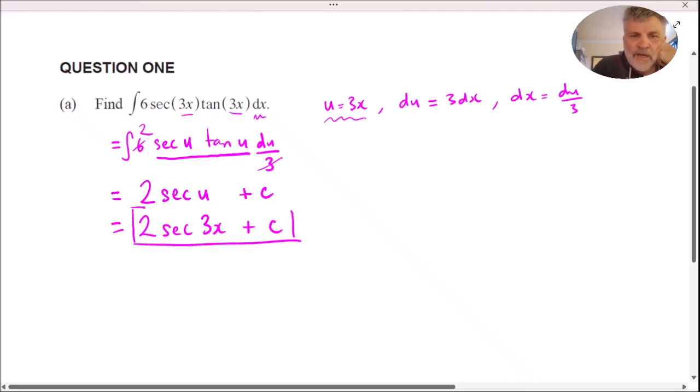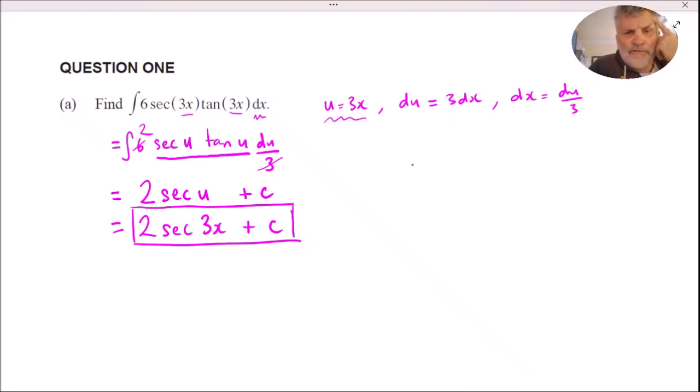us a final answer. This sort of substitution comes up a lot, and you can possibly avoid doing it by just knowing a general rule.